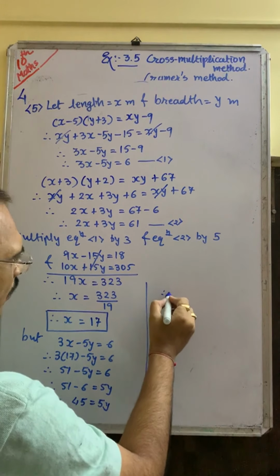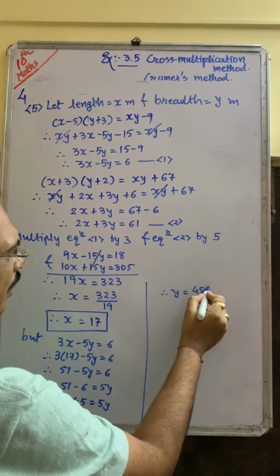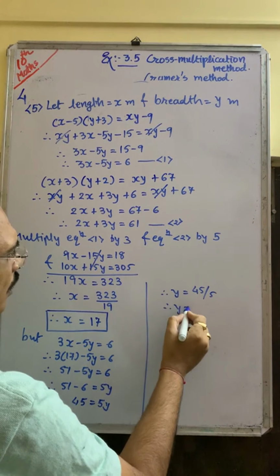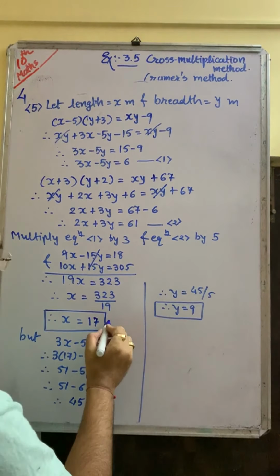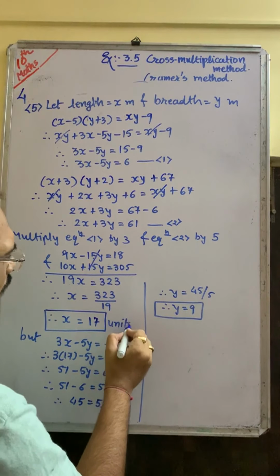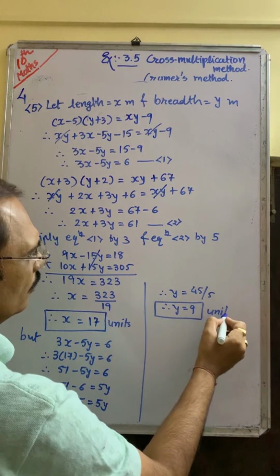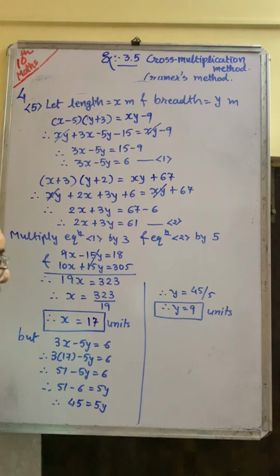Therefore, y equals 45 divided by 5. So y equals 9. Here 17 units and 9 units, because the question is given in units.